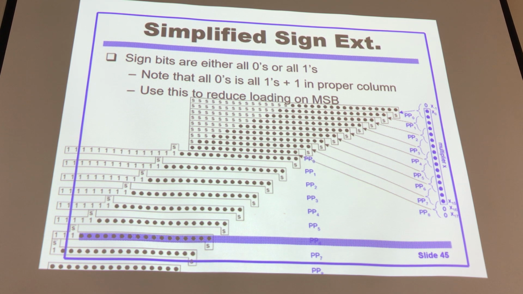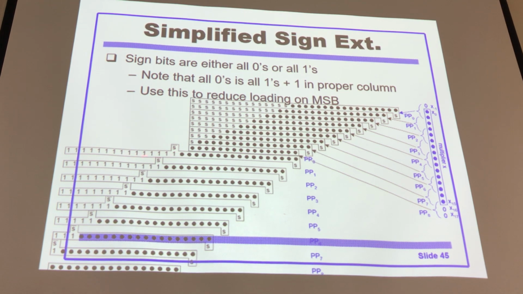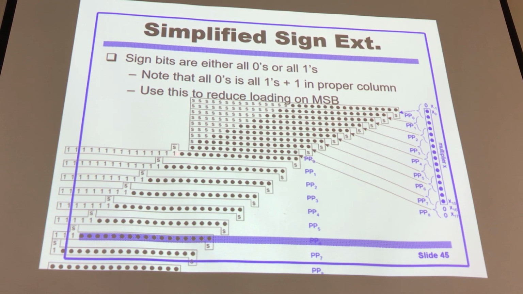If s is 1, then s bar is 0. If s bar is 0, then these are all 1. And we say that s is 1, right? So the sign bit is 1. It's going to be equal to this: 1, 1, 1, 1, and 1 bar is 0, 0 is equal to 1. So these two are the same.